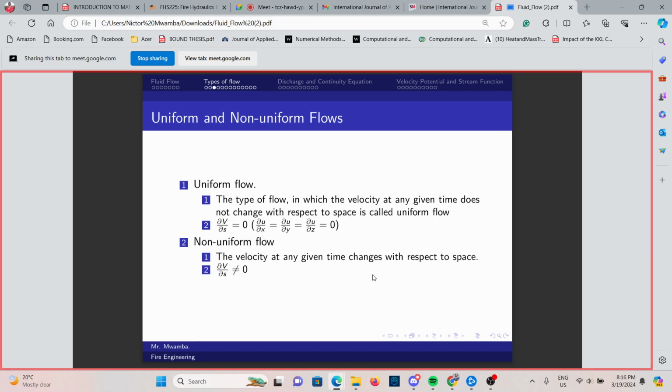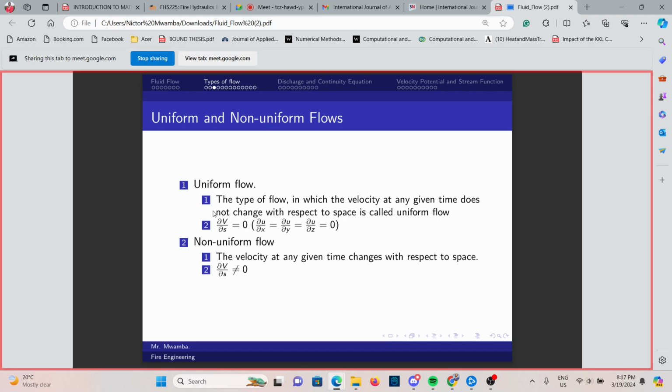Now the uniform and non-uniform flows. In a uniform flow, we now talk about space. The velocity components and flow variables do not change with respect to space. For example, when water is flowing through a hose pipe, the hose pipe has got a nozzle.